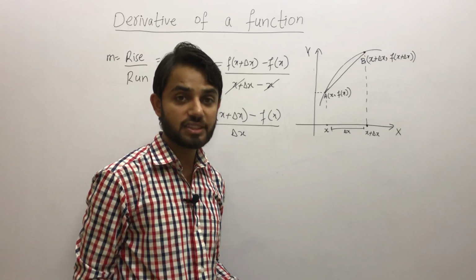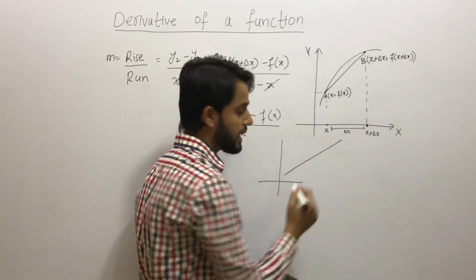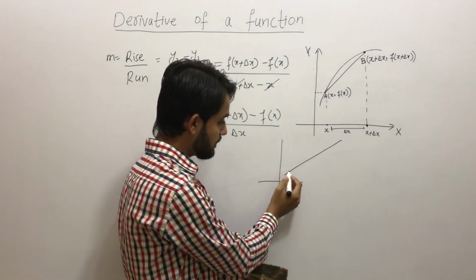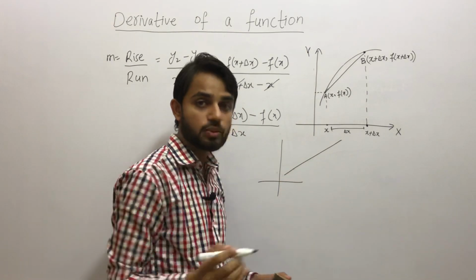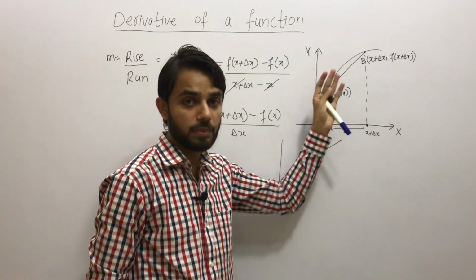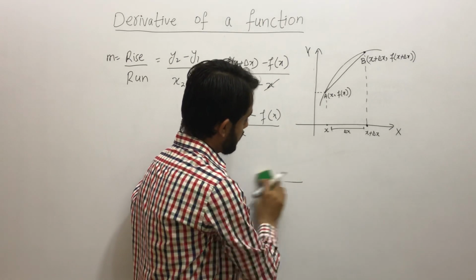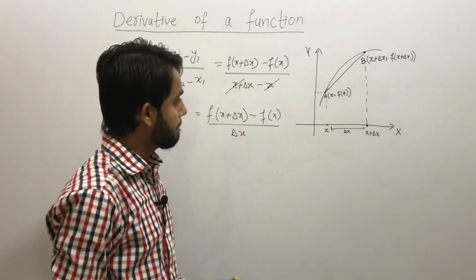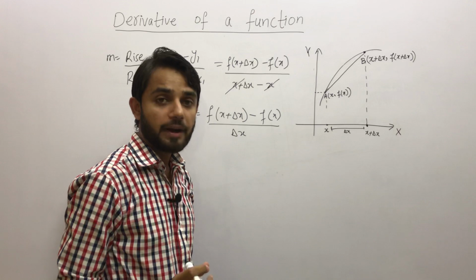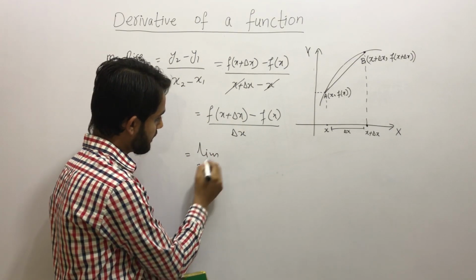That's actually the basic difference. In a straight line, the slope at any 2 points that you are taking is going to be the same. Once we have a curve, it means that the slope is different.